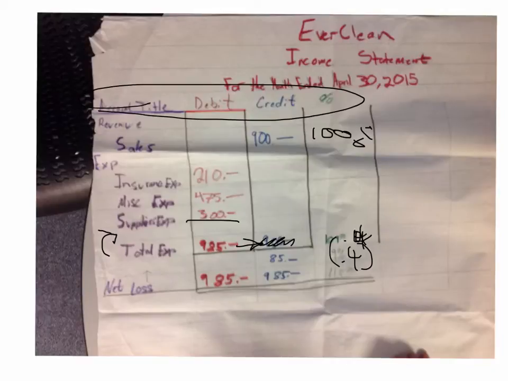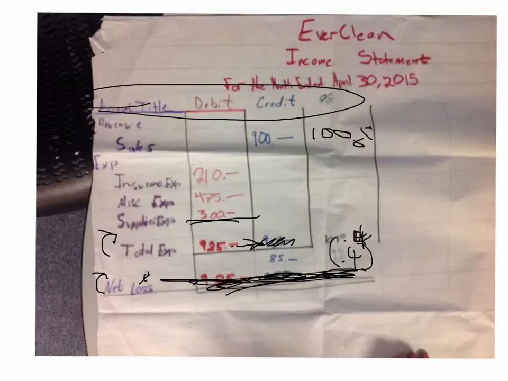And then net loss should be there, which they had the little arrow there for. And then this shouldn't be here. And this shouldn't be here. And this shouldn't be here. So it should have supplies expense there.